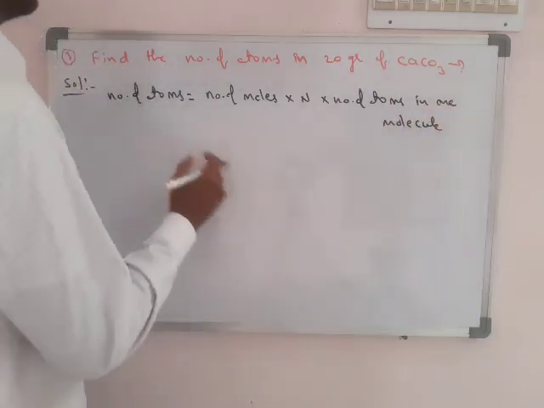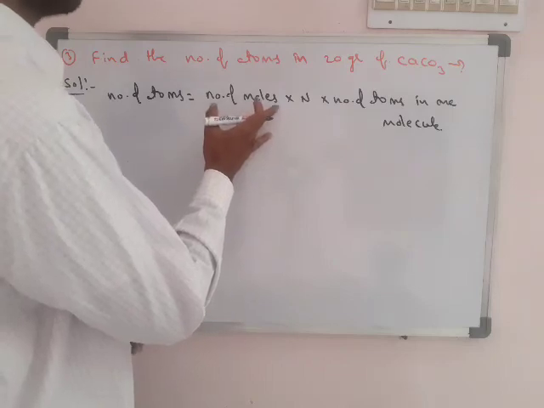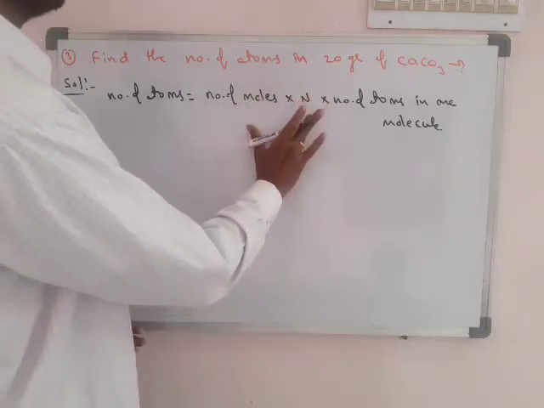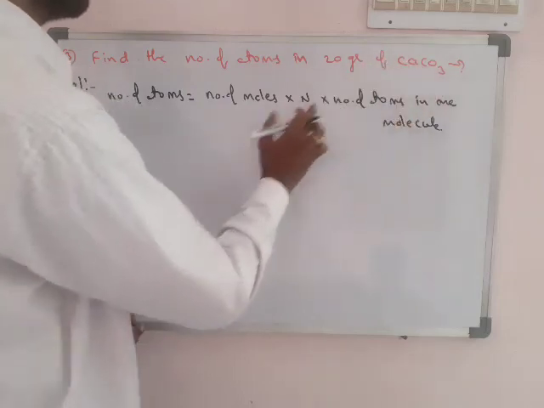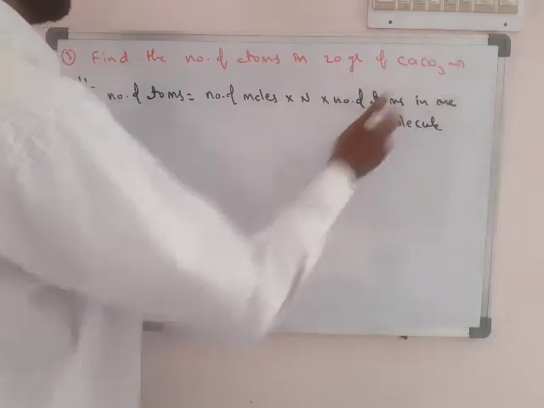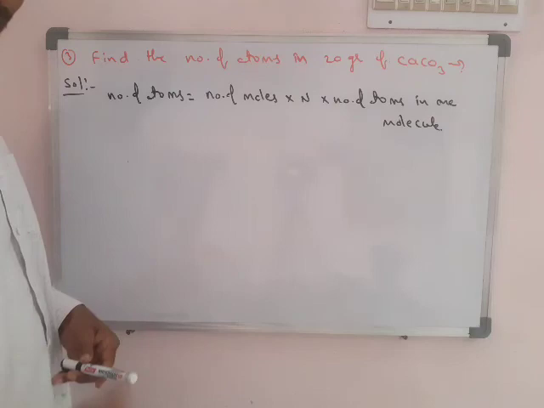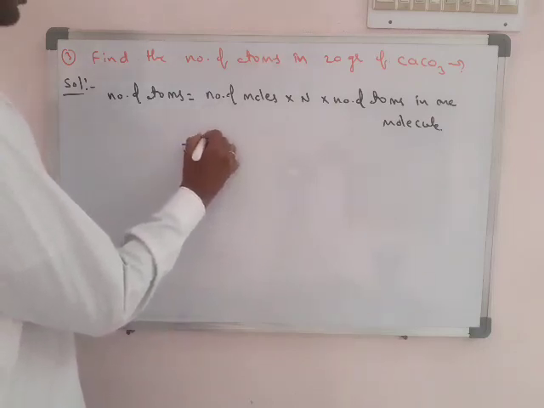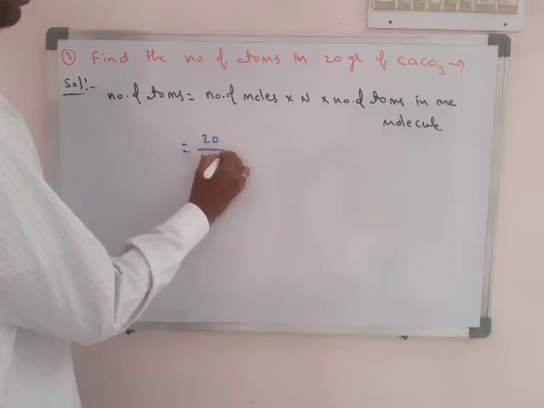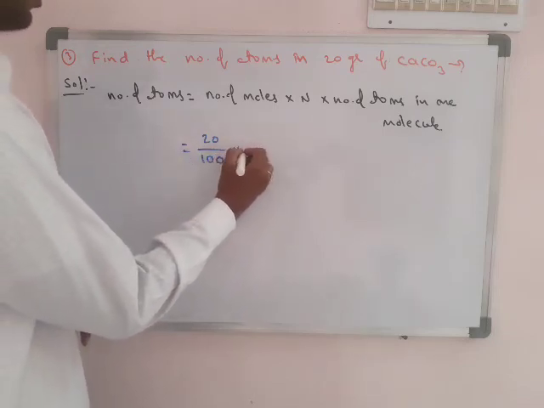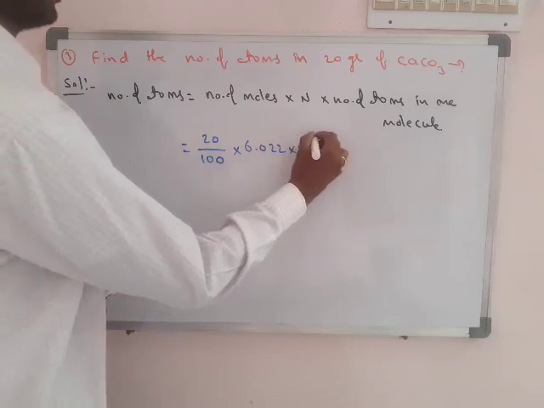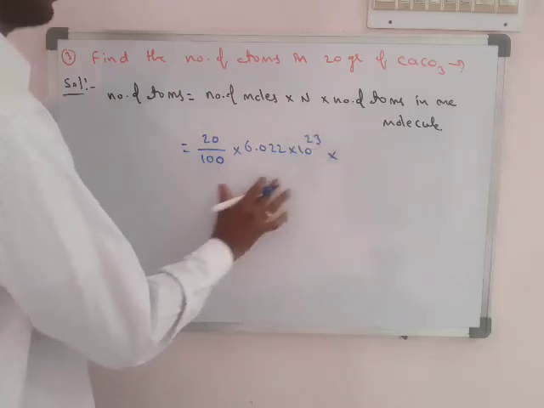Just now we said we find out the moles; multiplying moles by Avogadro number gives molecules. Here 1 molecule has 5 atoms, so whatever total molecules we get, multiplied by 5, we will get the atoms. So the number of moles is weight by molecular weight, and the number of moles into Avogadro number gives the number of molecules.